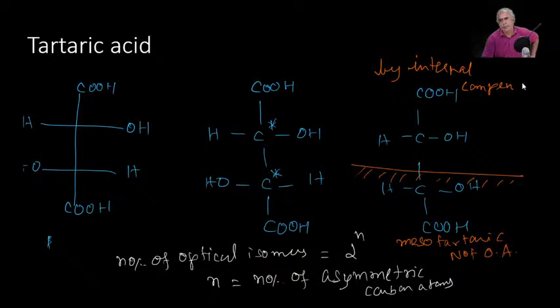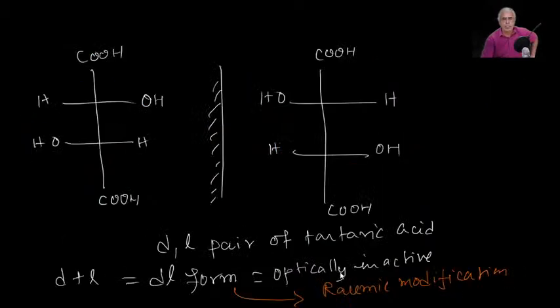So they are optically inactive by internal compensation. Whereas DL form is optically inactive by external compensation.